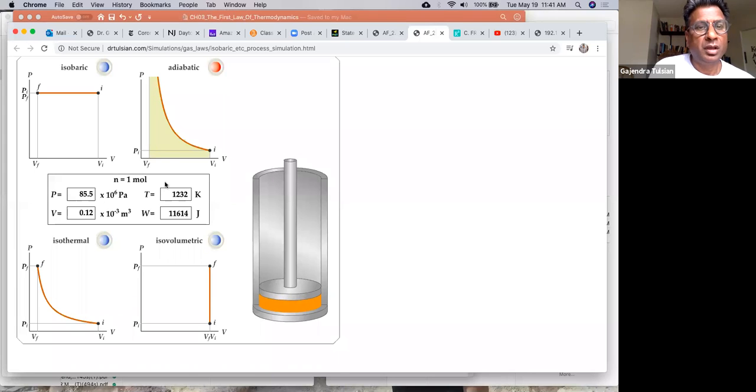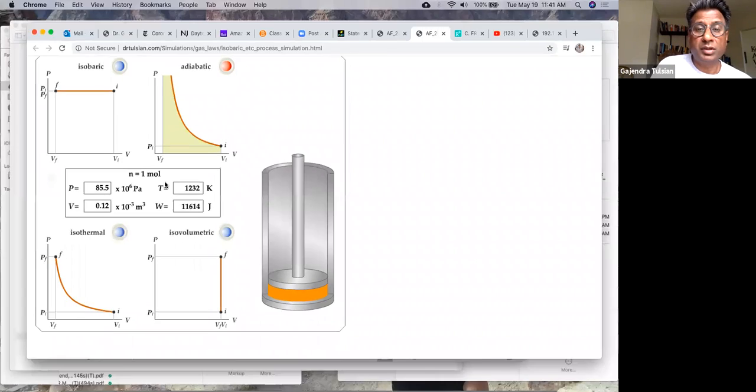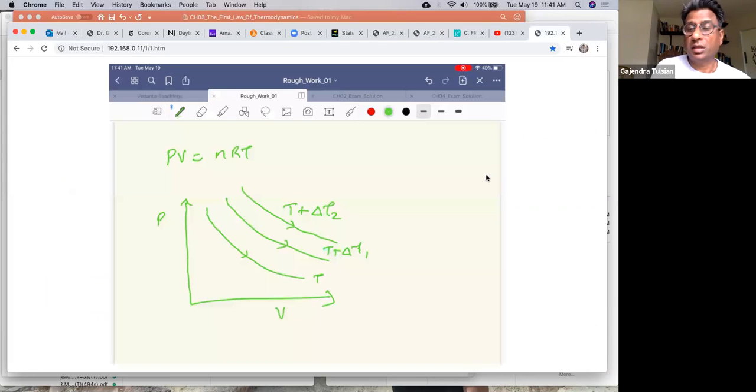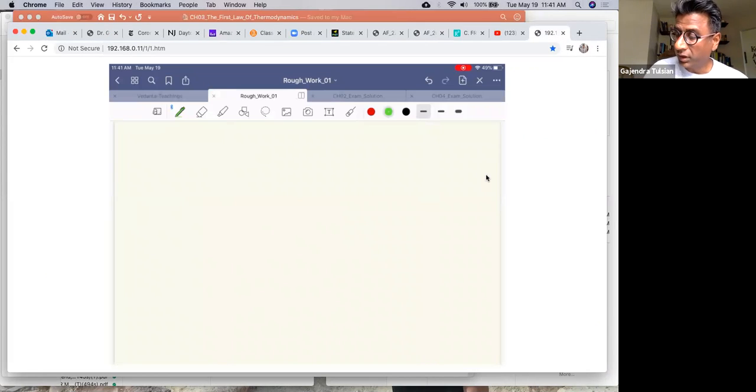Okay, and let me already give you a result that you will see at the end of this chapter. For an adiabatic process, what we'll see is PV to the power gamma will be constant. We'll talk about gamma later. So here's an adiabatic process.